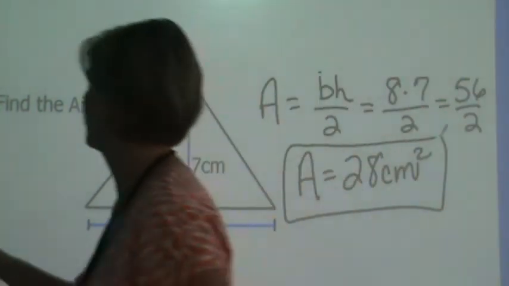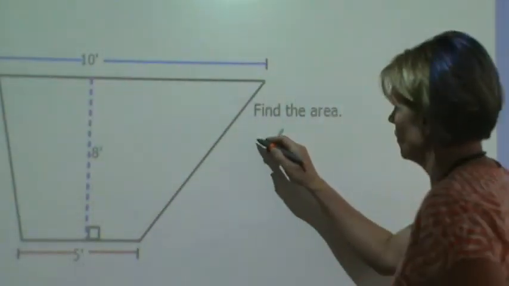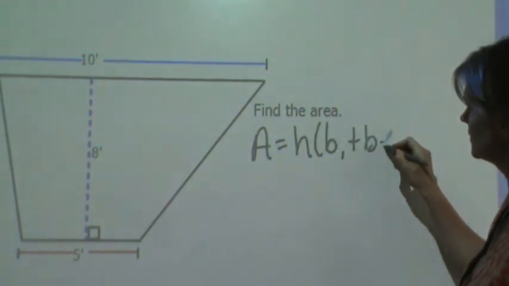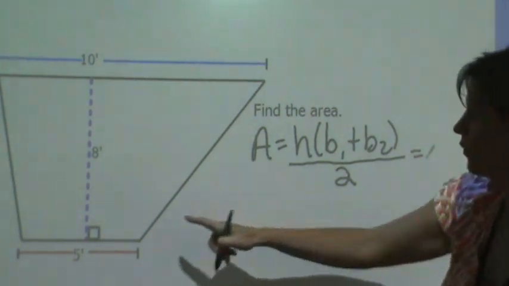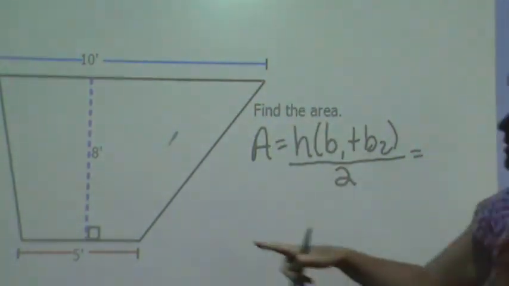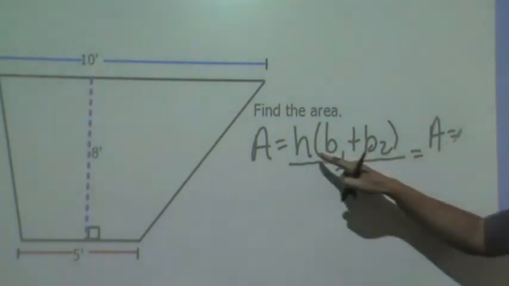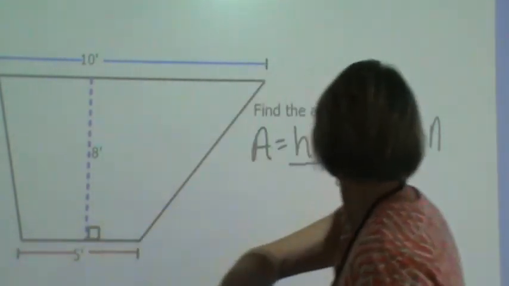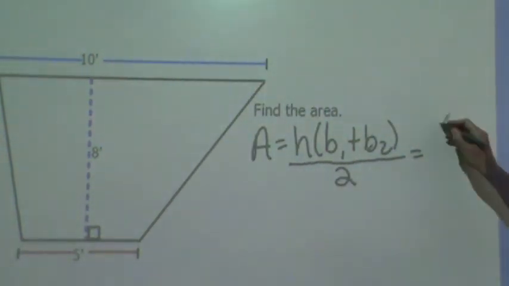Okay, again, pretty straightforward. The trapezoid, okay, so our formula, height times the sum of the bases, and we're going to divide that by 2. Okay, so again, look for the right angle. All right, it's right there. Here's your parallels. Those are going to be your B1, B2. So 8 is my height. Okay, so my height is 8.